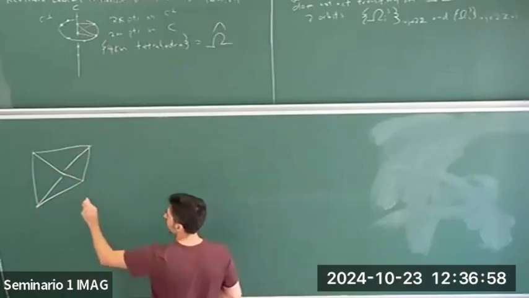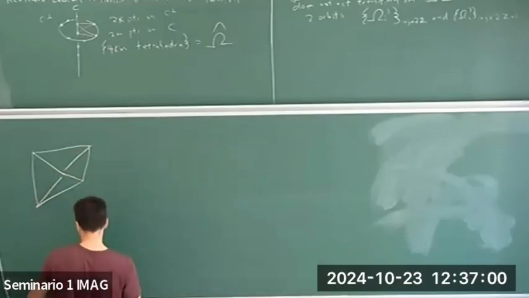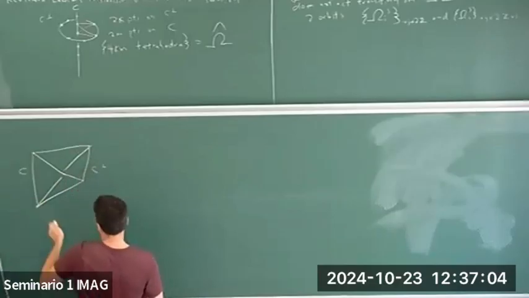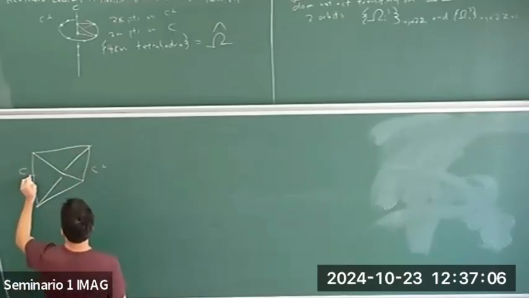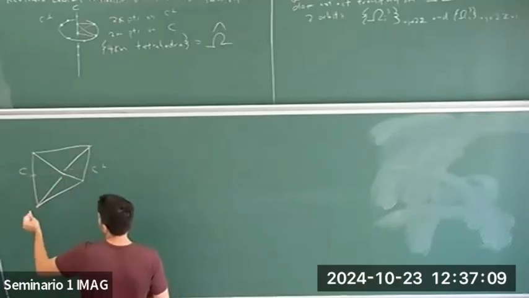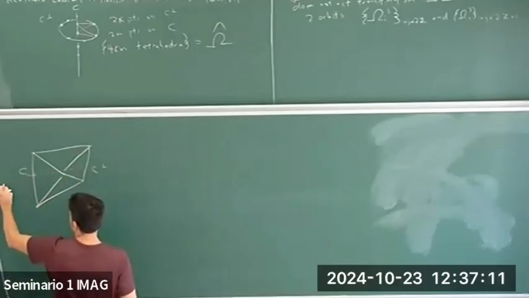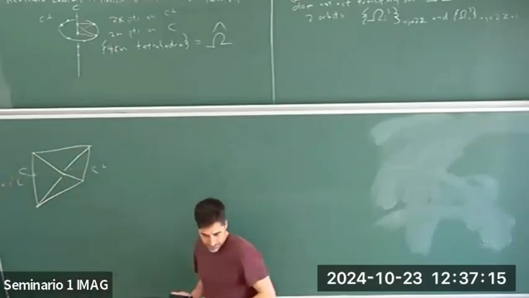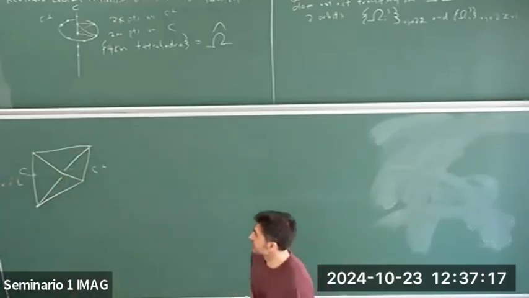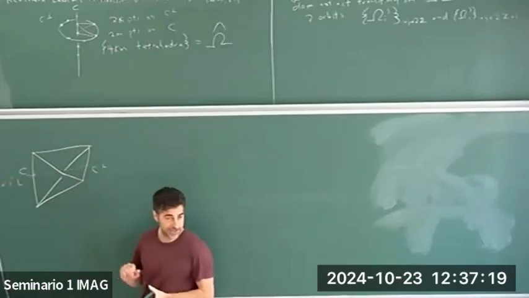If there's a tetrahedron, we have this C and here's C-perp. And this L, which is the great circle through the midpoints of the edges on C and C-perp.